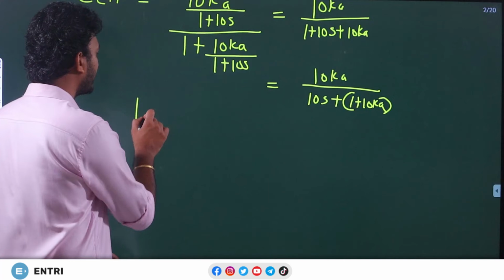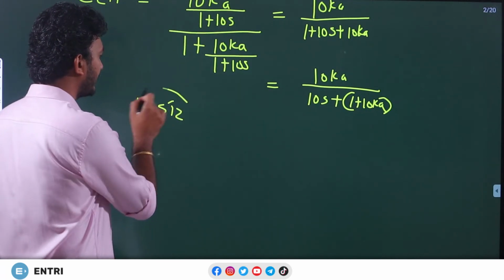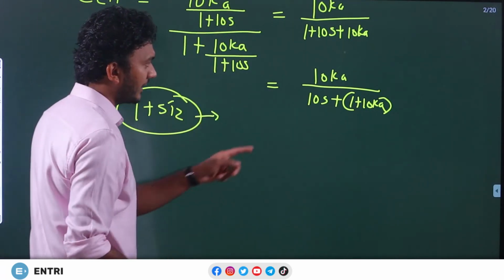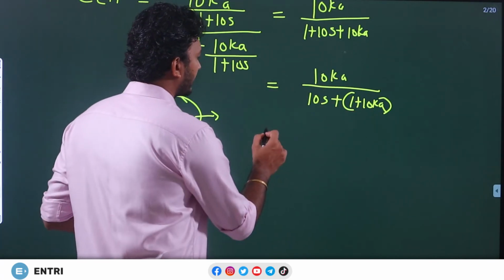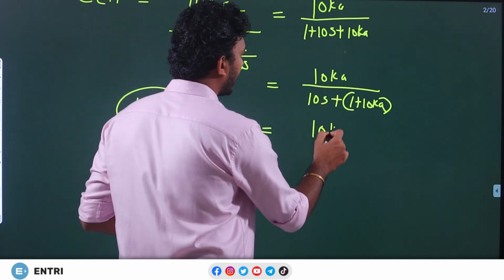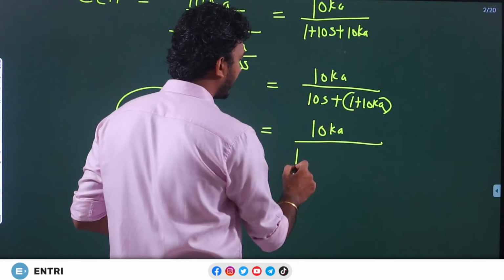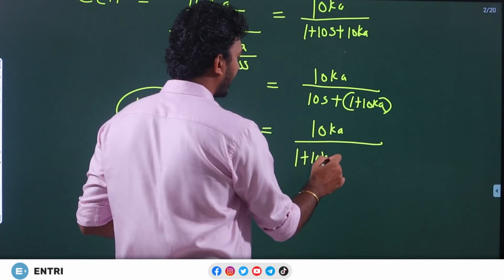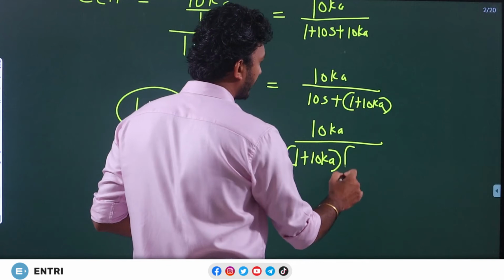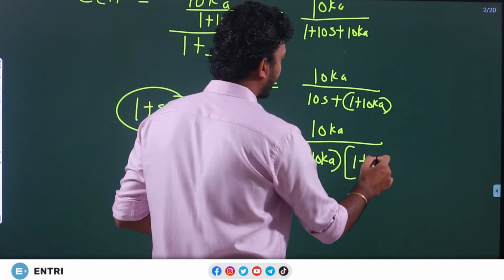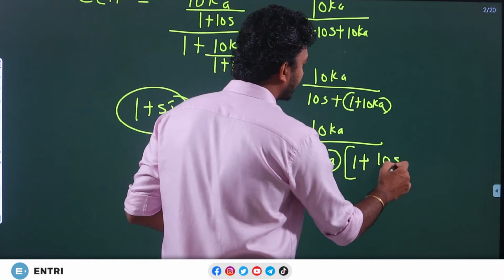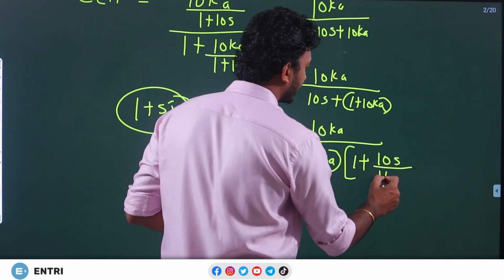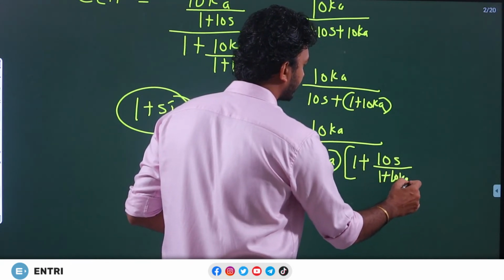So this should be in the form of 1 plus St2. How can I write this? Take 1 plus 10 Ka out. So that is equal to 10 Ka divided by 1 plus 10 Ka, into 1 plus 10s divided by 1 plus 10 Ka.